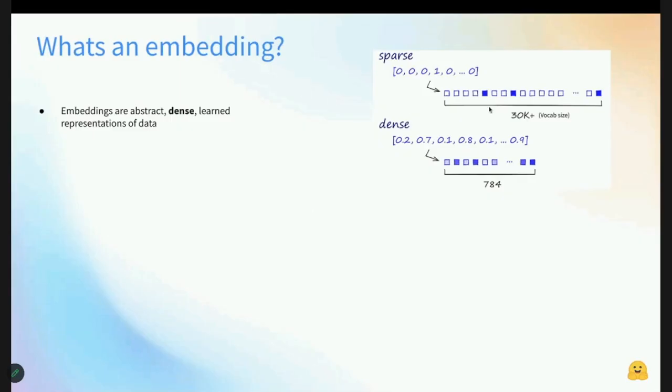If you think about how you can represent a document in numeric form, one way you could do it is to take a vector of length vocab size. There are roughly 30,000 words in the English language.